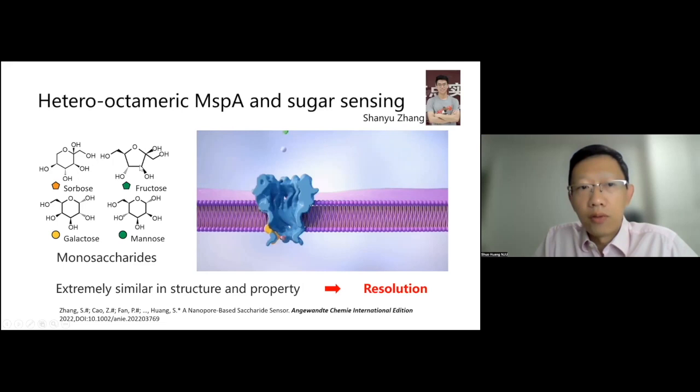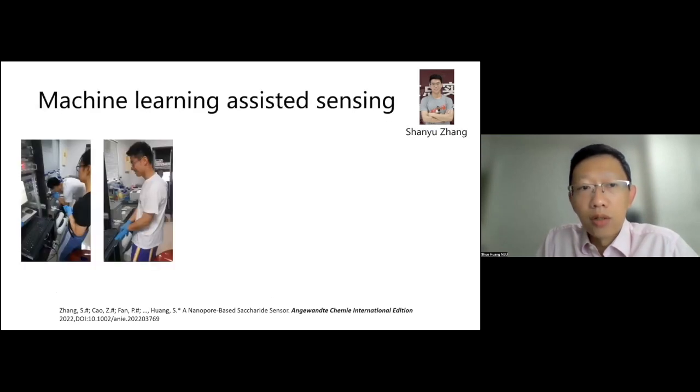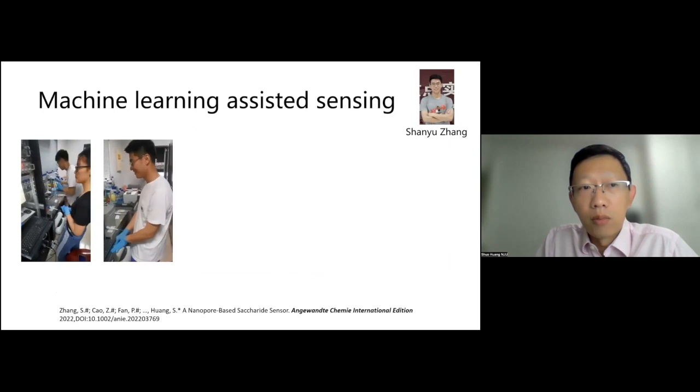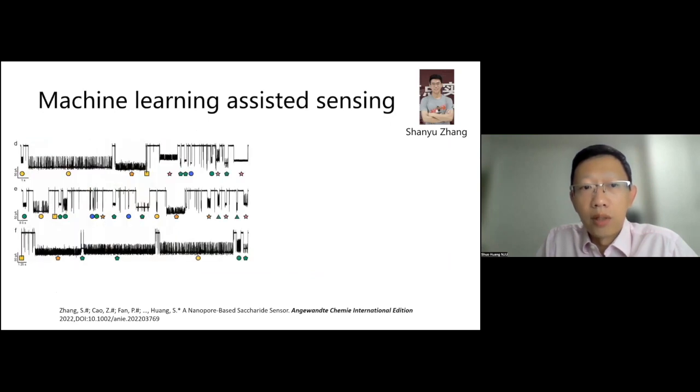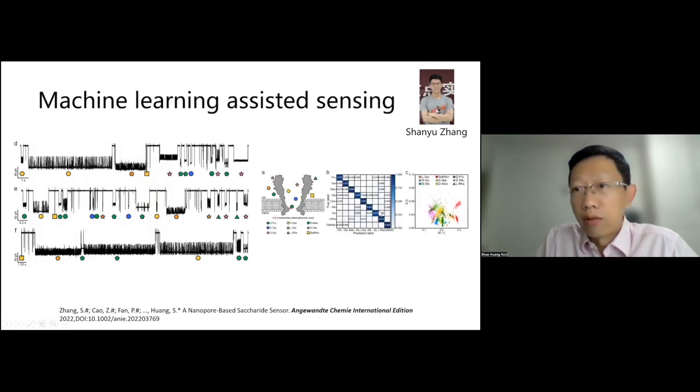So even different saccharides with identical molecular weight will be differentiated using this nanopore. With this demonstration, we know it has extremely high resolution. We have successfully discriminated almost all monosaccharides that we can get from the market, and using machine learning, we can evaluate its performance.